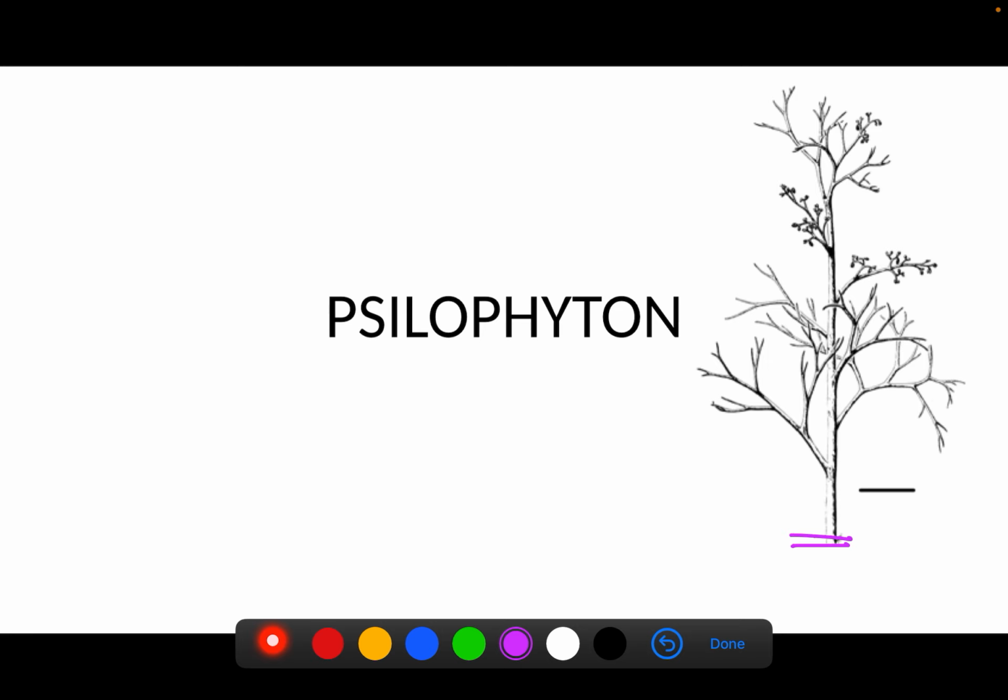We will talk about it in detail. Then vascular anatomy and reproduction, and it forms an important link between primitive Rhynia and advanced pteridophytes.